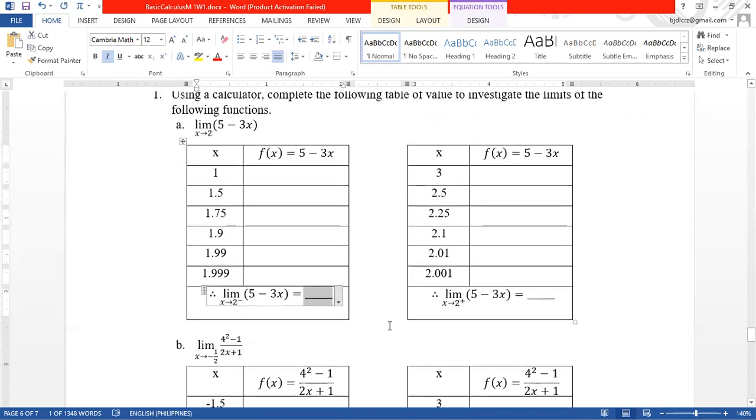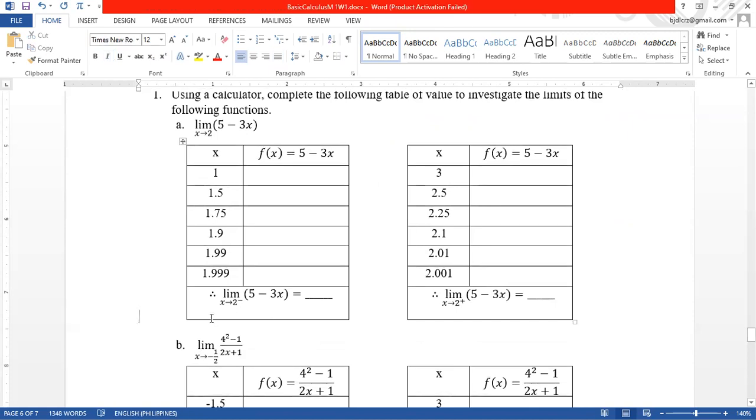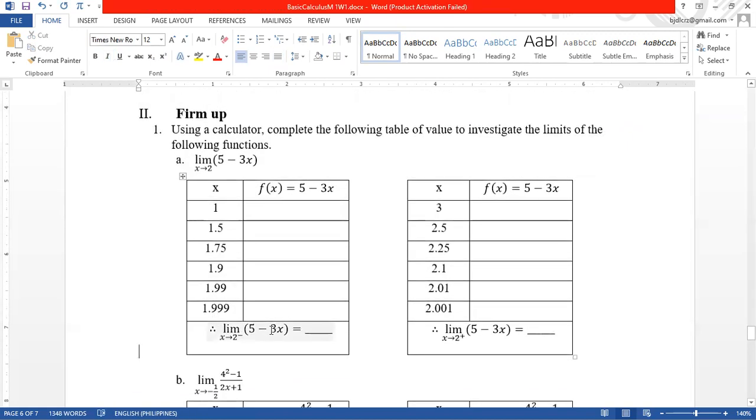So i-conclude ninyo katong same sa taas, since the limit of f of x as x approaches to 2 from the left is equal to, or is not equal to, ang from the right, kung dili sila same og answer.